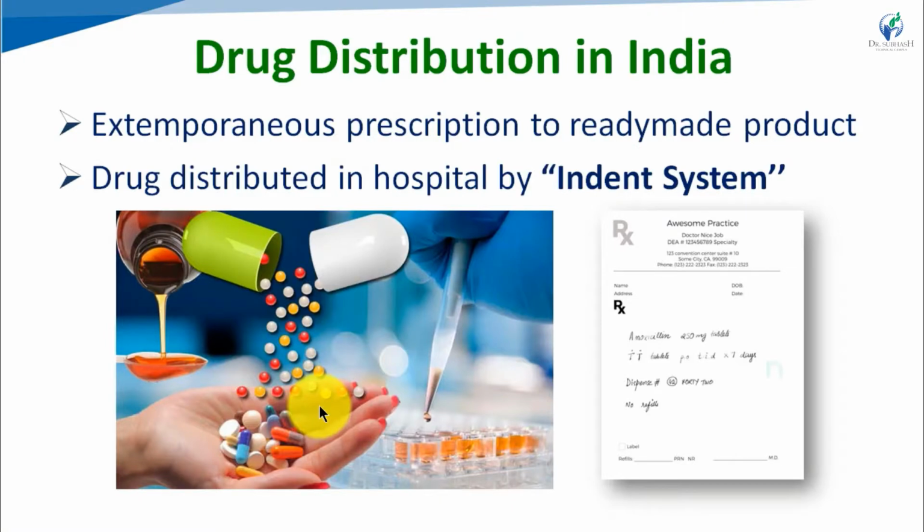If we are considering drug distribution in India, then we need to understand how we distributed the drug in ancient time or in the past. Extemporaneous prescription was there in the past, a system in which we were preparing mixtures, emulsions, ointments, pastes and suppositories.